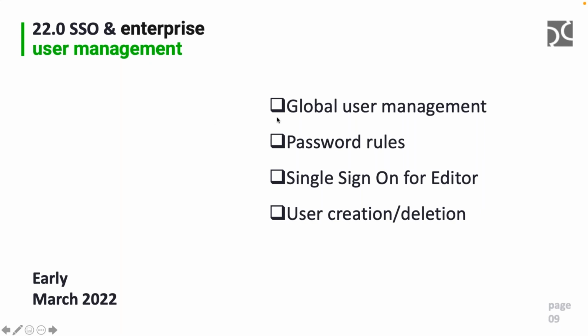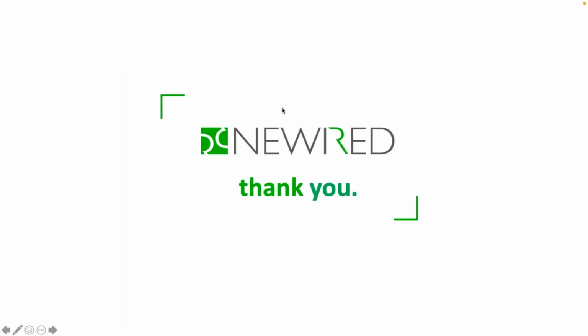We plan that for 22.0, so you can tell your IT that we are heading in this direction, and they can get ready, because usually to deploy another app in enterprise user management, you would need to be aligned with some of the requirements. Let me see if you have any questions regarding SSO.